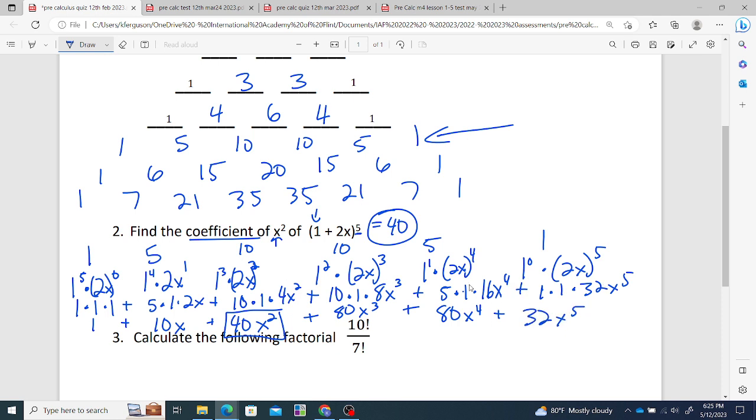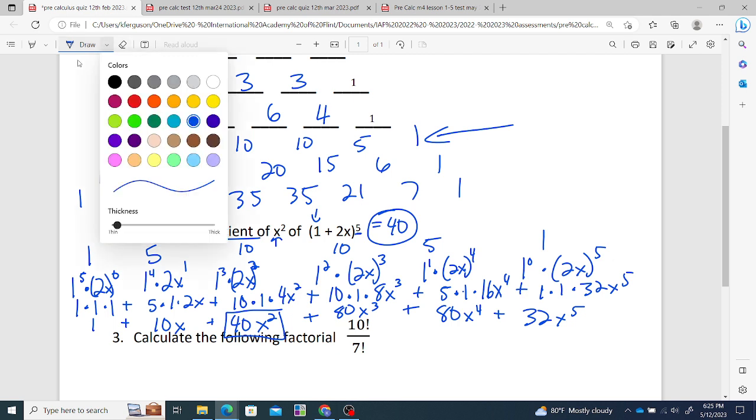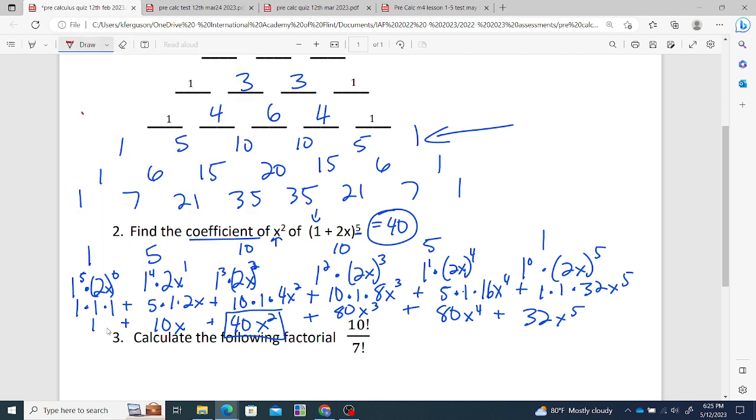Now those are a little scrunched, so I'm going to trace this over in red so you can see it. So I have 1 plus 10x plus 40x squared plus 80x to the third plus 80x to the fourth plus 32x to the fifth.